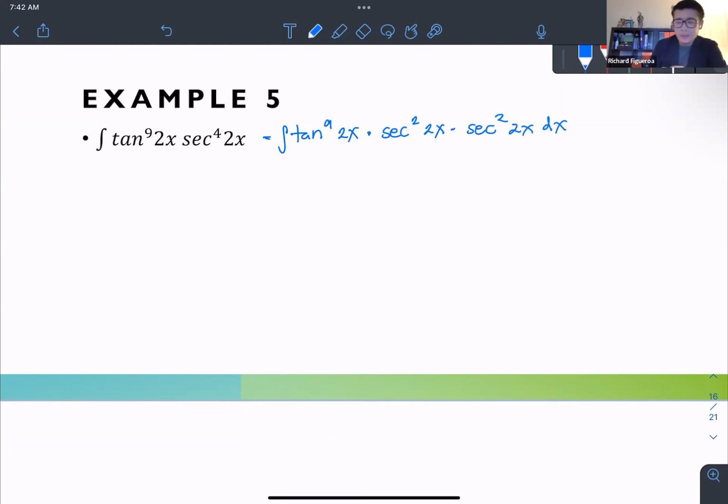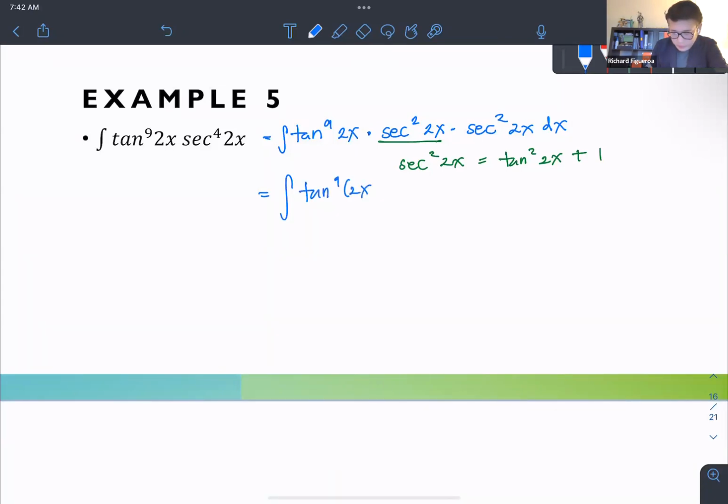Our objective here is to transform this. Secant squared 2x is the same as tangent squared 2x plus 1. Therefore, that is the tangent to the 9, 2x multiplied with tangent squared 2x plus 1, using the identity, and then we retain the secant squared 2x dx.